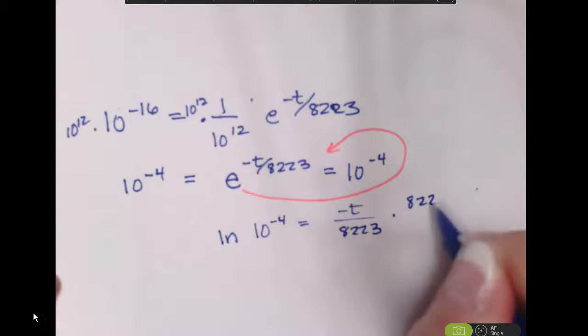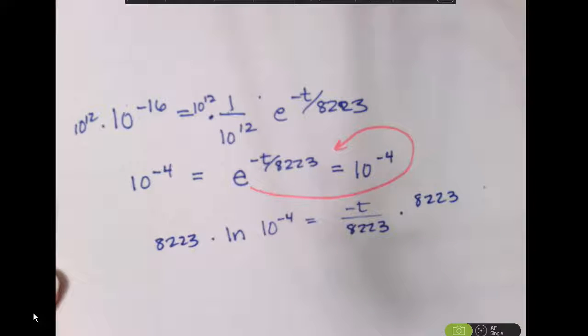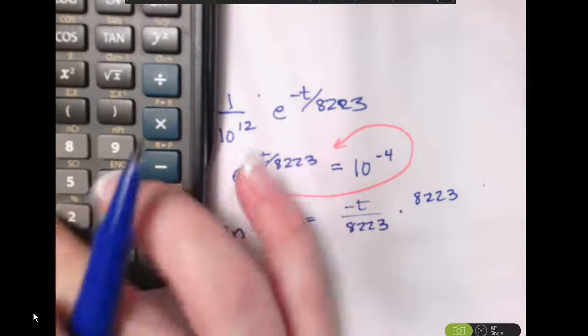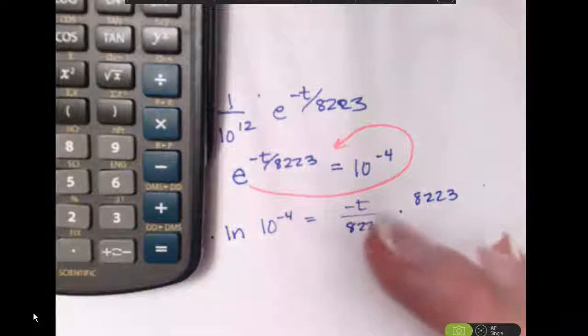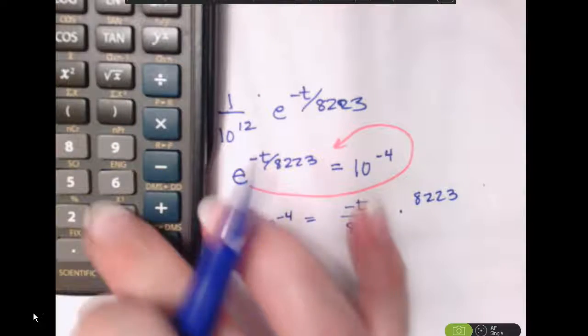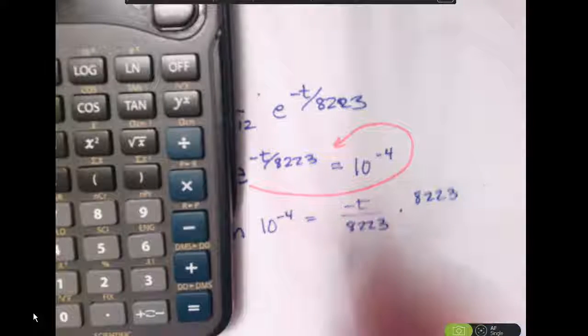Multiply by that on both sides. Take the natural log of 10 to the negative 4th, times 8,223. I get this big negative number, and that equals negative t.